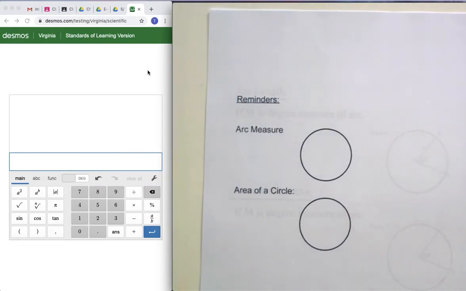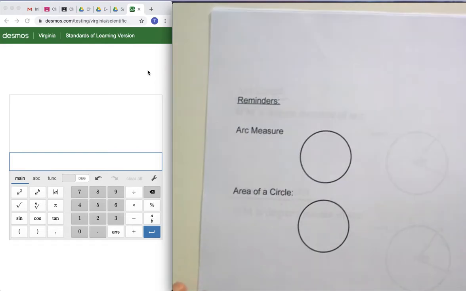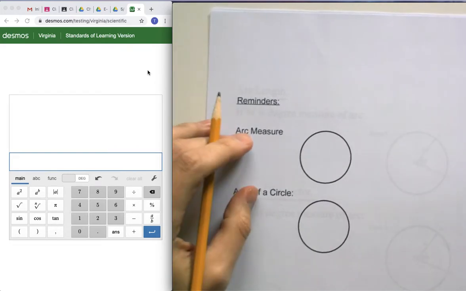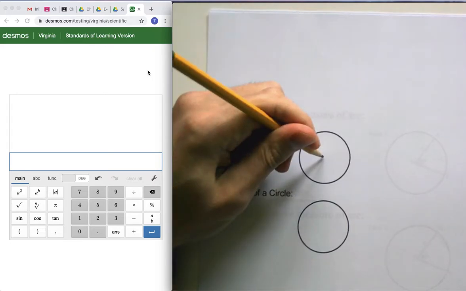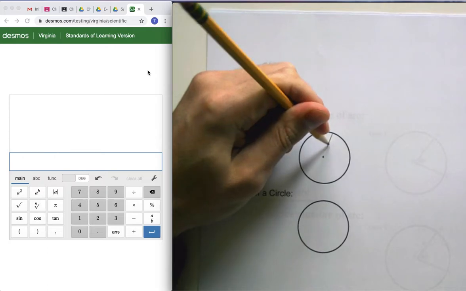Before we get started, a couple reminders for today that are going to help us in today's lesson. It's just reminding us what the measure of an arc is. Let's say you have the center of a circle, and you have some angle inside that circle.